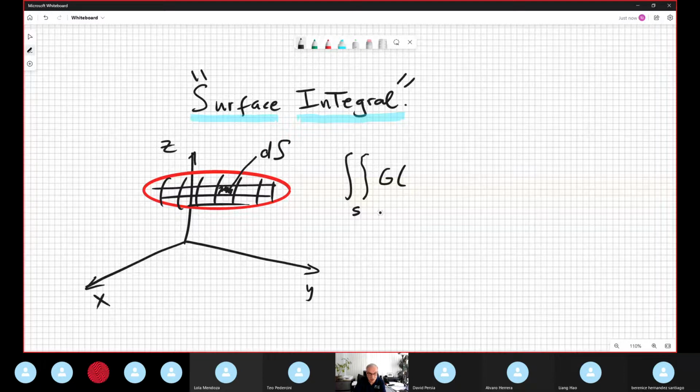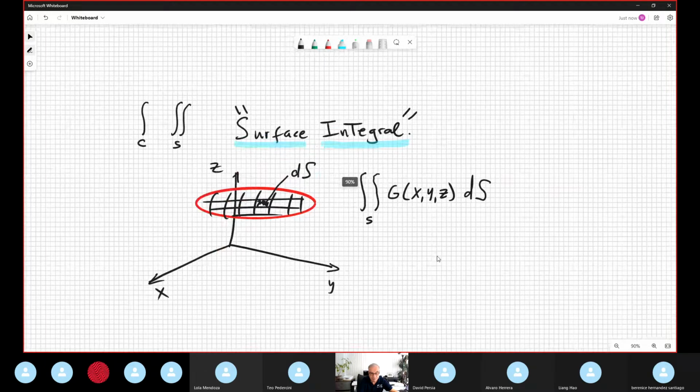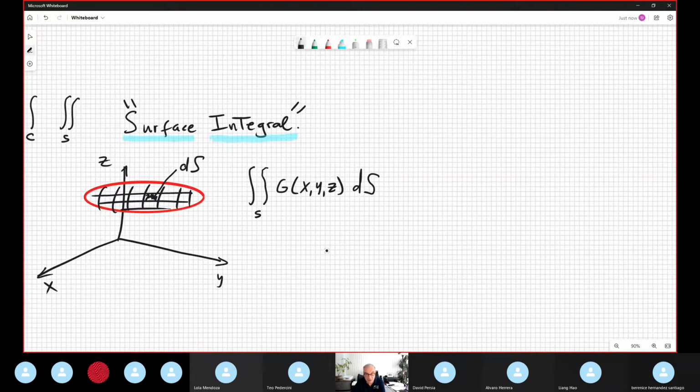I suppose the density is not necessarily constant, it's a variable depending on x, y, and z, and you multiply by dS, which is infinitesimal area. The symbolic way, similar to the line integral, where you put the line integral on the curve C, you apply the surface integral on the surface S, which is completely curvy in general.